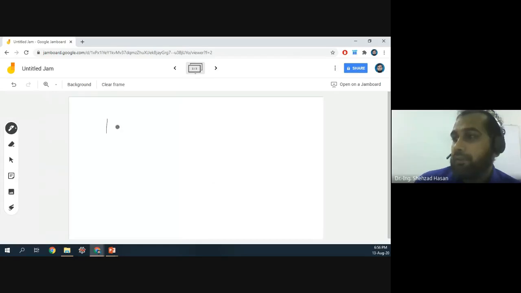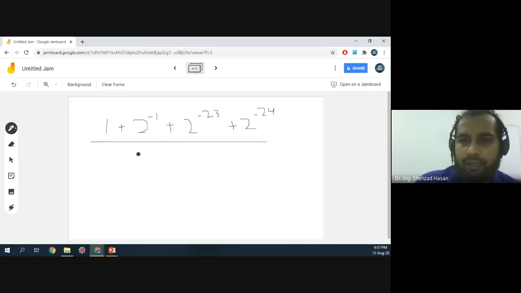Okay, so we had 1 plus 2 raised to the minus 1 plus 2 raised to the minus 23 plus 2 raised to the minus 24, and we say that we have to store the value in 23 bits only. So if you're going to truncate it, first of all I'm going to write its binary equivalent.